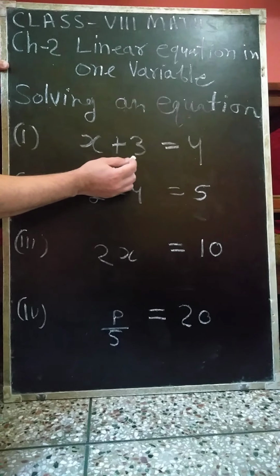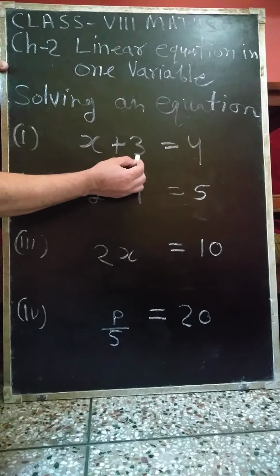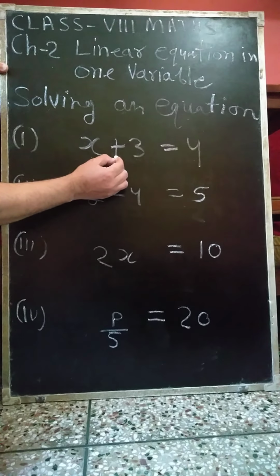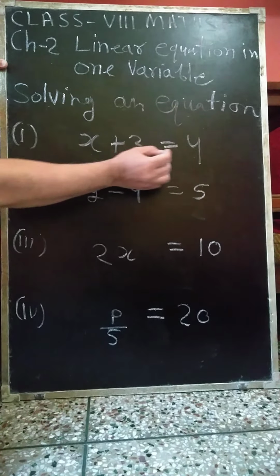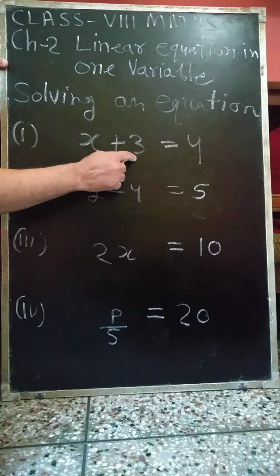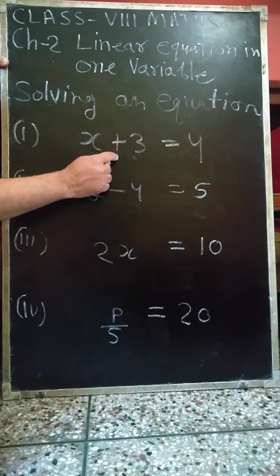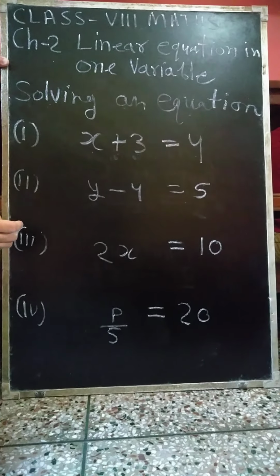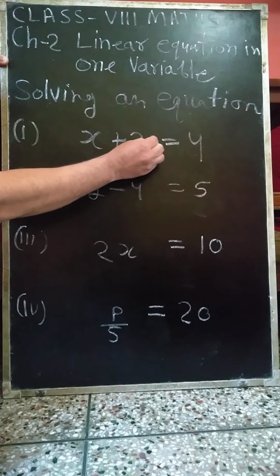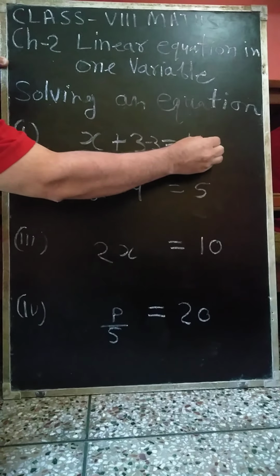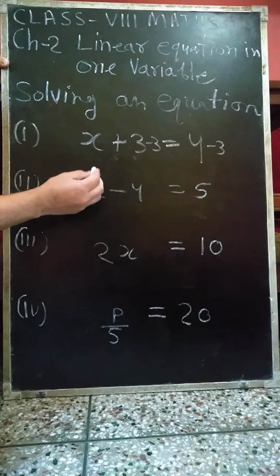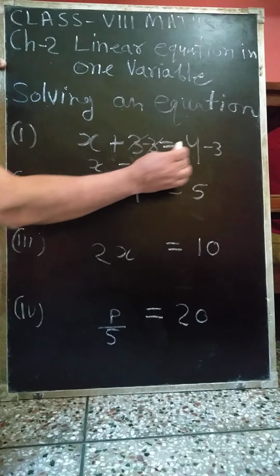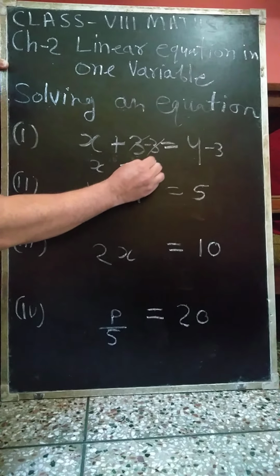Here the number with the variable is plus, so we subtract the same number from both sides. Minus 3 and minus 3, so you will get x equal to 4 minus 3, 1.